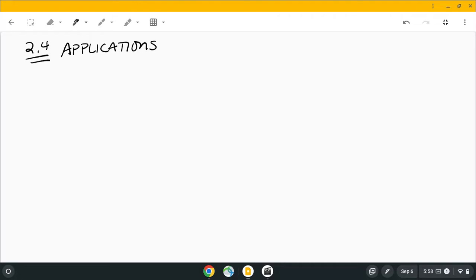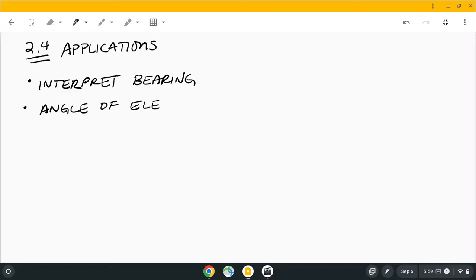Okay, so 2.4 applications. We are in this section. We are going to look at something called bearing and how to interpret that. And we're also going to look at angle of elevation. Angle of elevation. It could also be angle of depression.